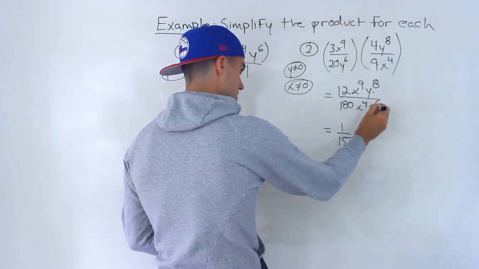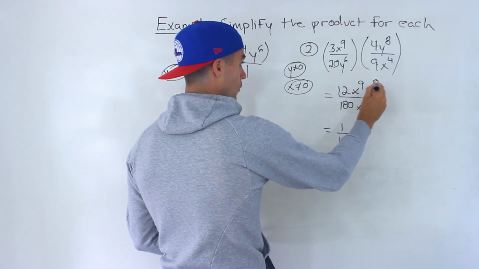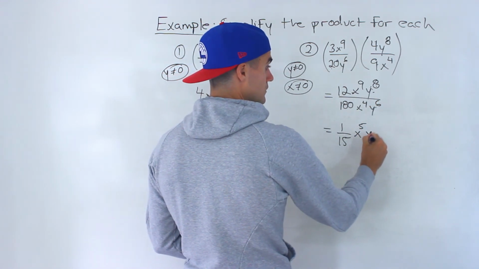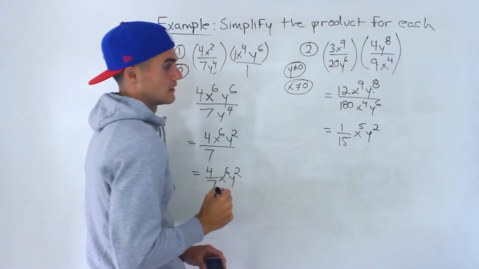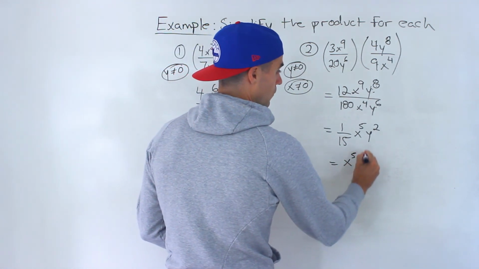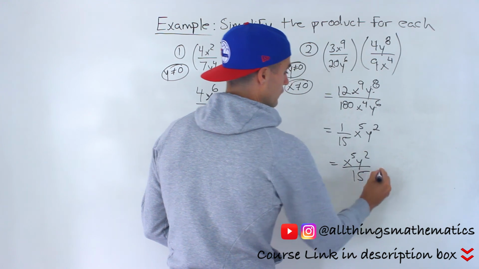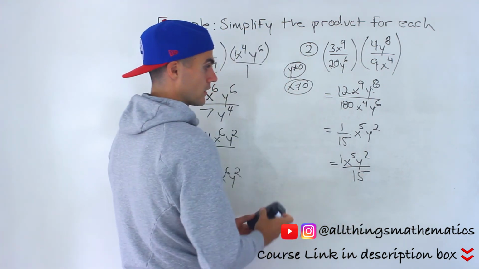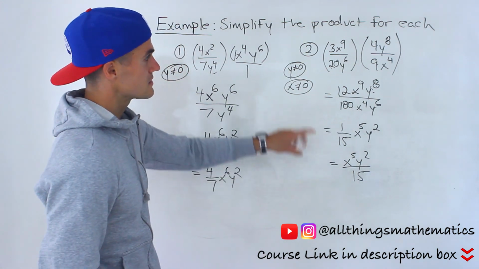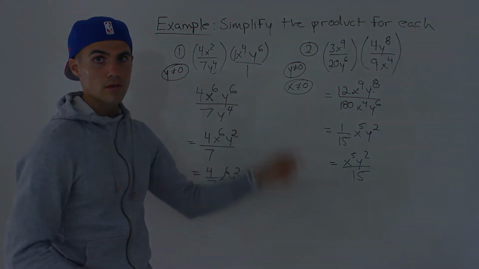Then 8 y's at the top and 6 y's at the bottom, which would leave us with 2 y's at the top. Another way this could have been shown is x to the 5, y to the 2, all over 15. There's like this imaginary 1 in front there. So either of those formats is the final answer for number 2, and then those are the restrictions.